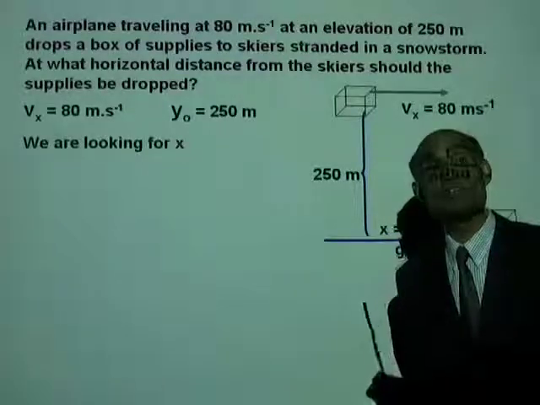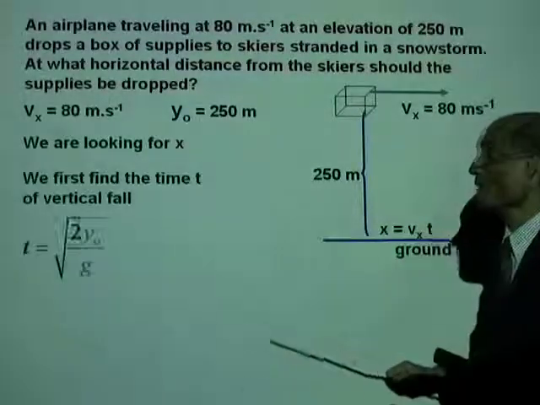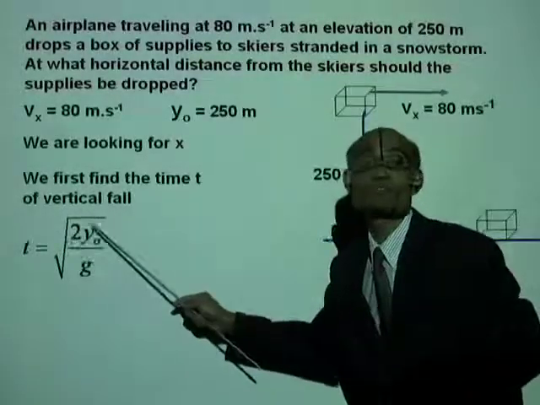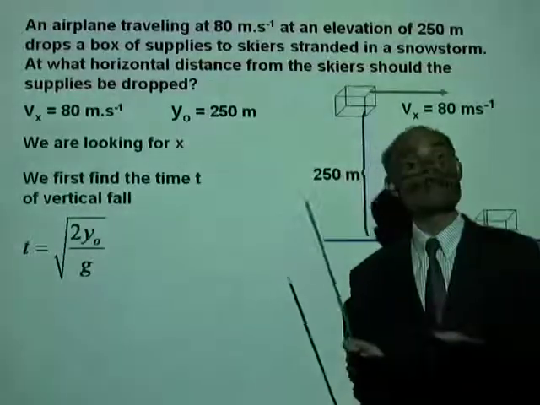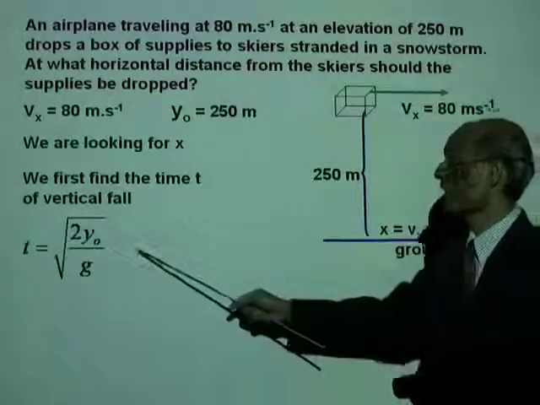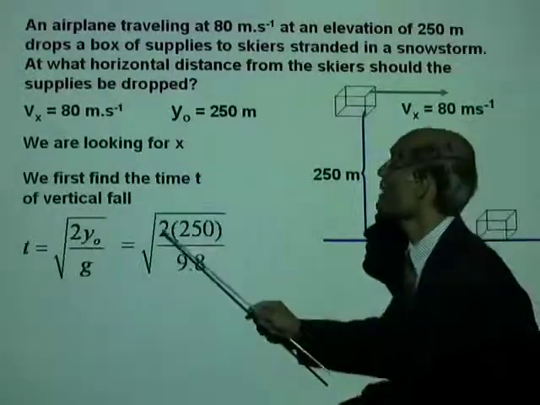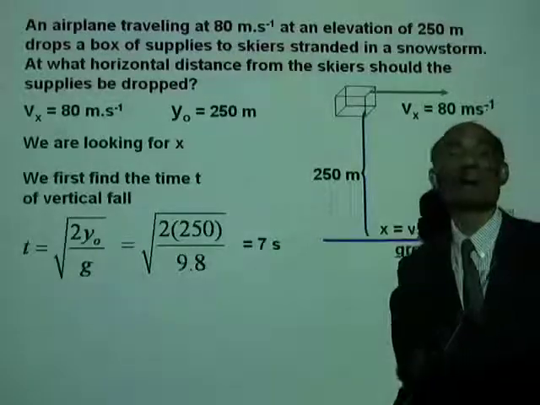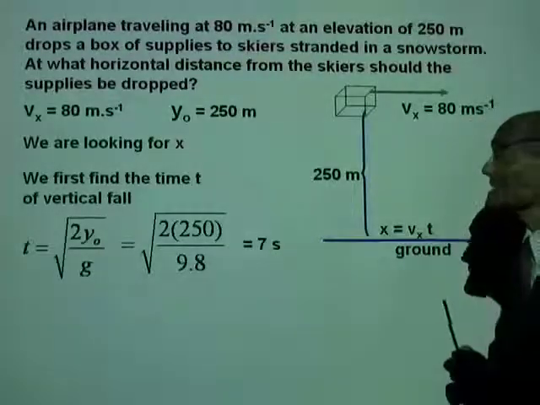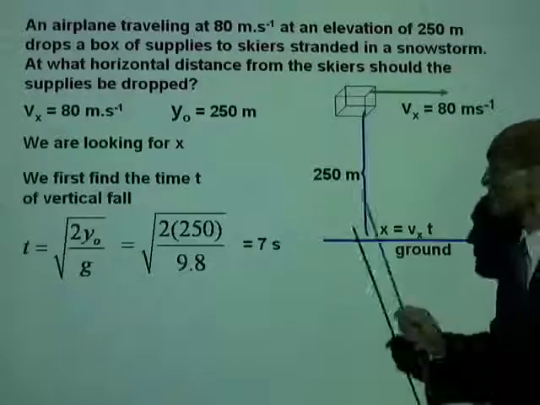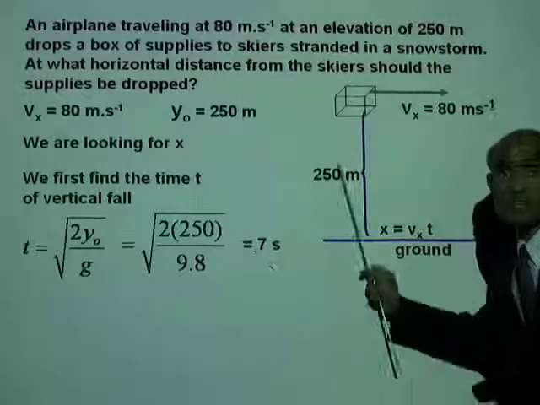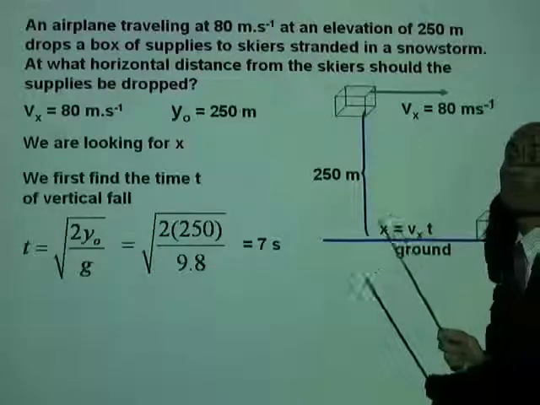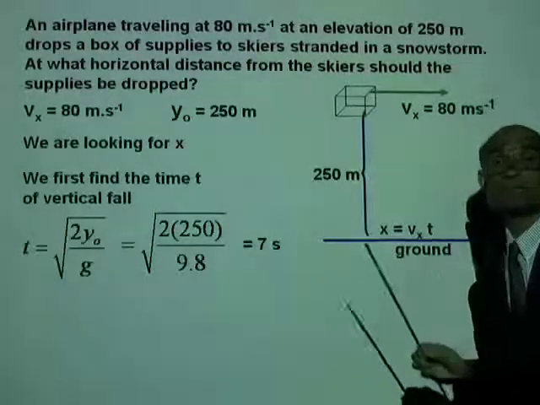What is the equation for the time of fall? T equals the square root of 2y0 over g. Is that right? Yes. So we use the values of y0 and g, and the time of fall is 7 seconds. And during this 7 seconds, it is traveling horizontally with a velocity of 80 meters per second.